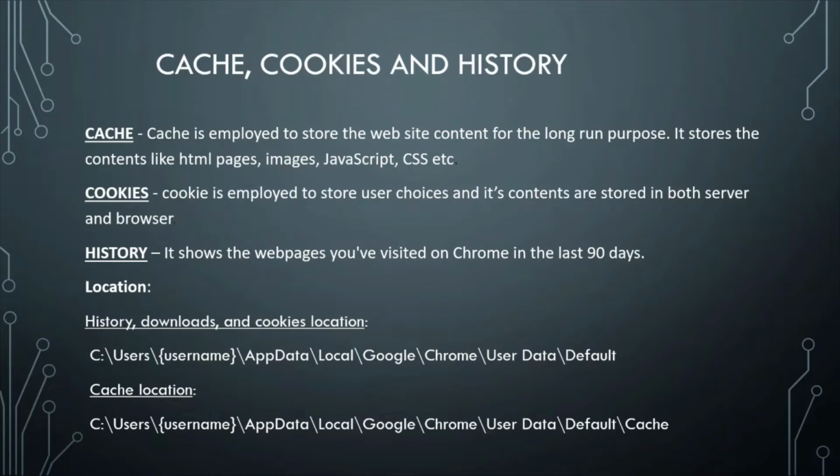It stores contents like HTML pages, images, JavaScript, CSS, etc. Cookie is employed to store user choices and its contents are stored in both server and browser. History. It stores the web pages you have visited on Chrome in the last 90 days. The location of the history and cookies is the user AppData Local Google Chrome User Data Default, and the cache location is the user AppData Local Google Chrome User Data Default Cache.